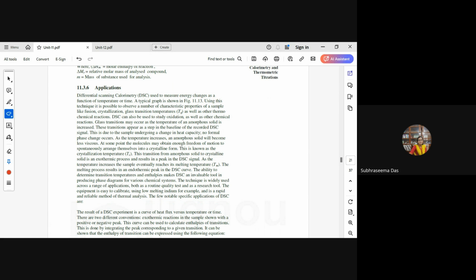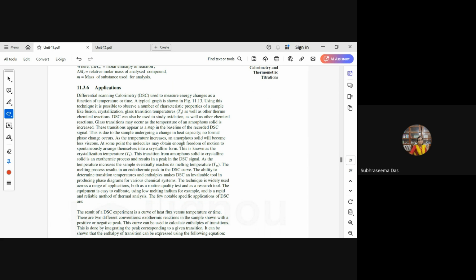So, as the temperature increases, an amorphous solid becomes less viscous. After some time, these molecules obtain enough energy and then convert to a crystalline form. This particular temperature is called the crystallization temperature and it is represented as Tc.